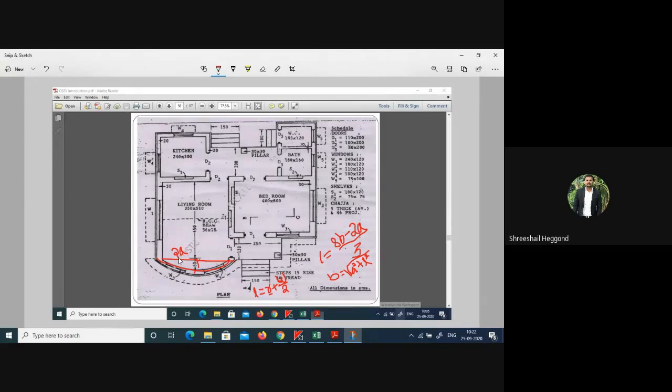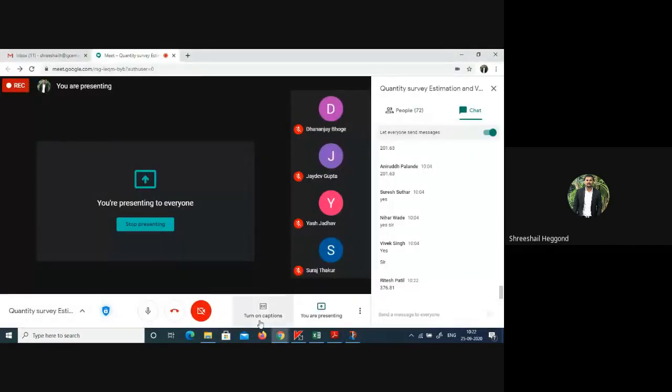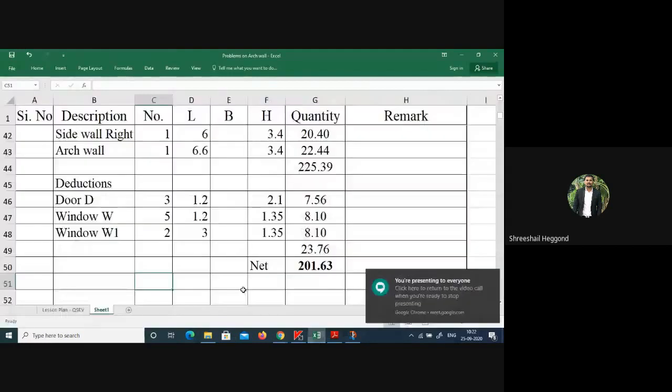Now you got how to calculate the length of the arc. Now you can calculate, I think. Plan is over for everyone. Ritesh, okay, we can start the length calculation.